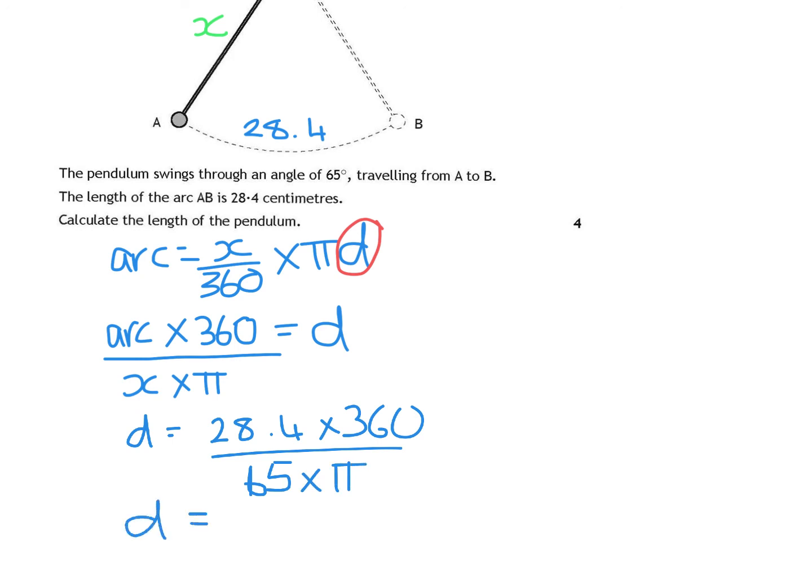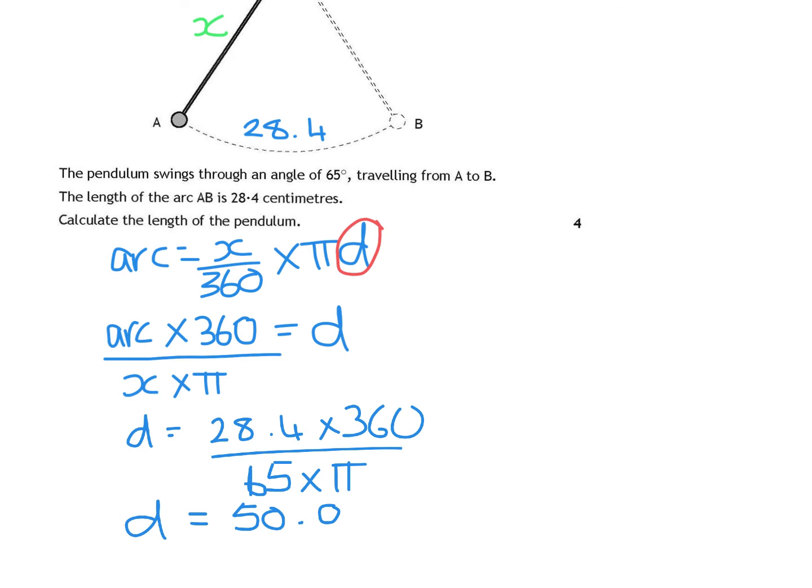And go to calculator. That gives us an answer of 50.0067. So let's go with 50.07. So if that's your diameter, your radius is half of that answer, which gives us 25.03.